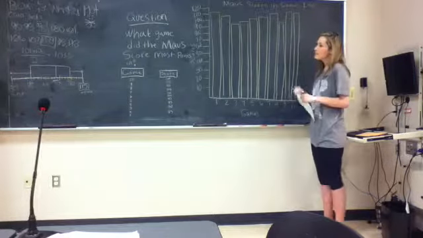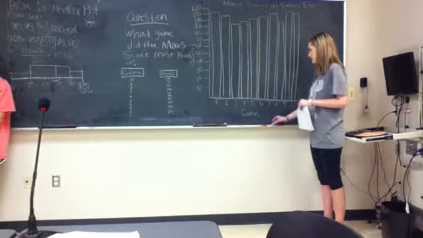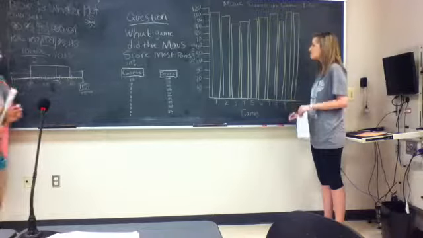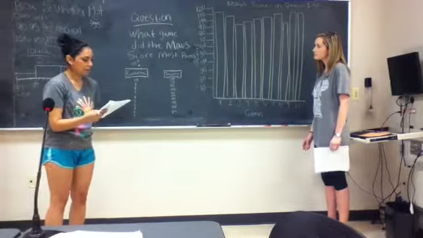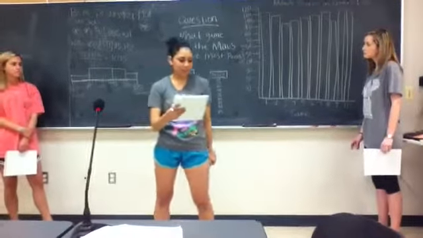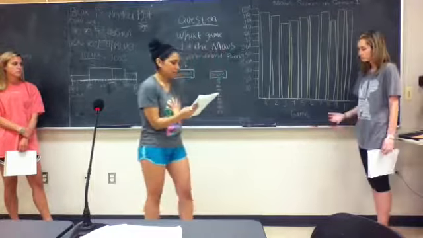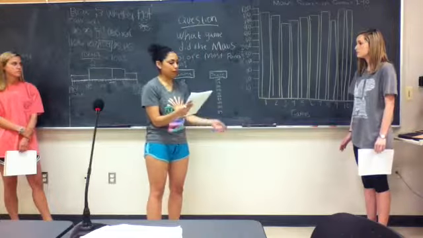So Tammy's going to come over here and analyze our graphs. Yeah, so I'm going to analyze the data found in our graphs, and I'm going to interpret the results for y'all. Okay, so to analyze the data means to examine the information to see what was found.